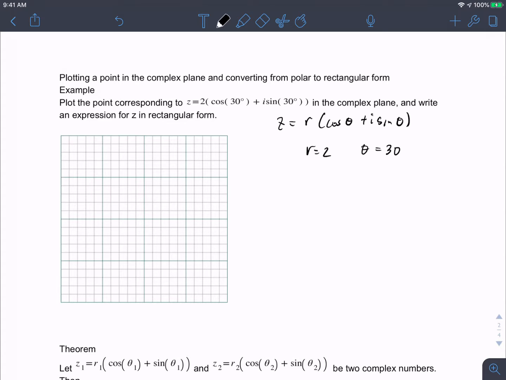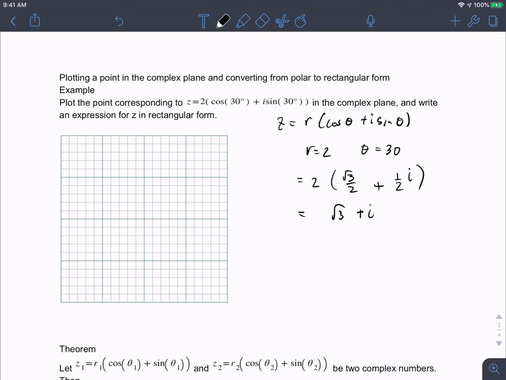So what we can do is write it as 2, what is cosine of 30? Cosine of 30 is radical 3 over 2, and plus sine of 30 degrees is 1/2, and then we need to include our i, and this is going to give us radical 3 plus i.